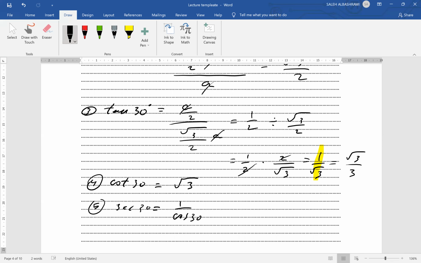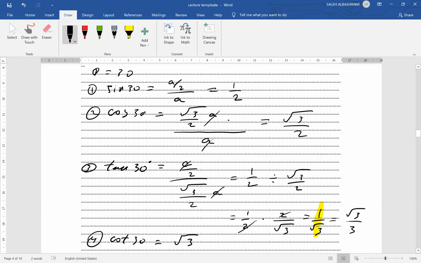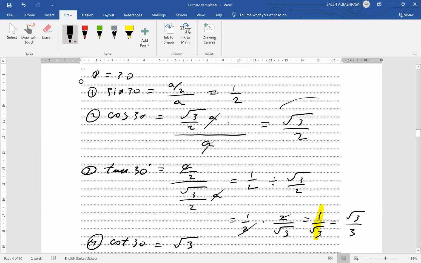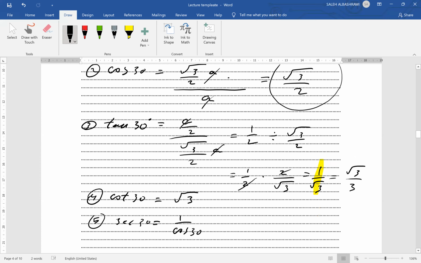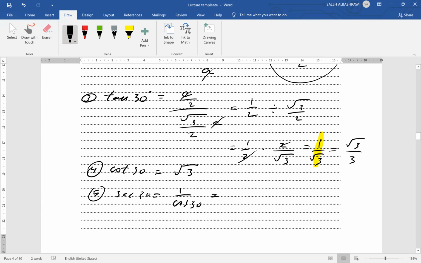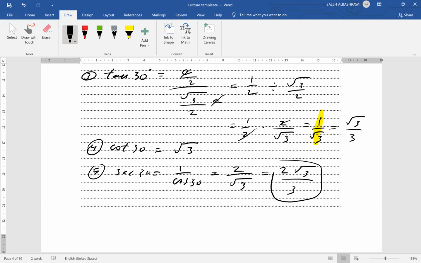It is 1 over cosine, and we found cosine theta or 30 equal to square root of 3 divided by 2. If we take the reciprocal, it will be 2 over square root of 3. And again, by rationalizing, this is equal to 2 square root of 3 divided by 3. This is the secant theta.